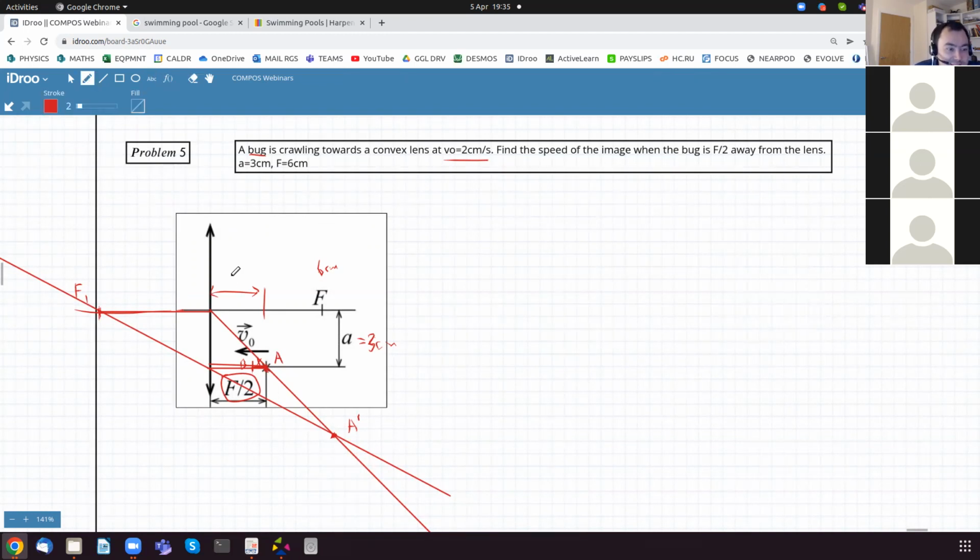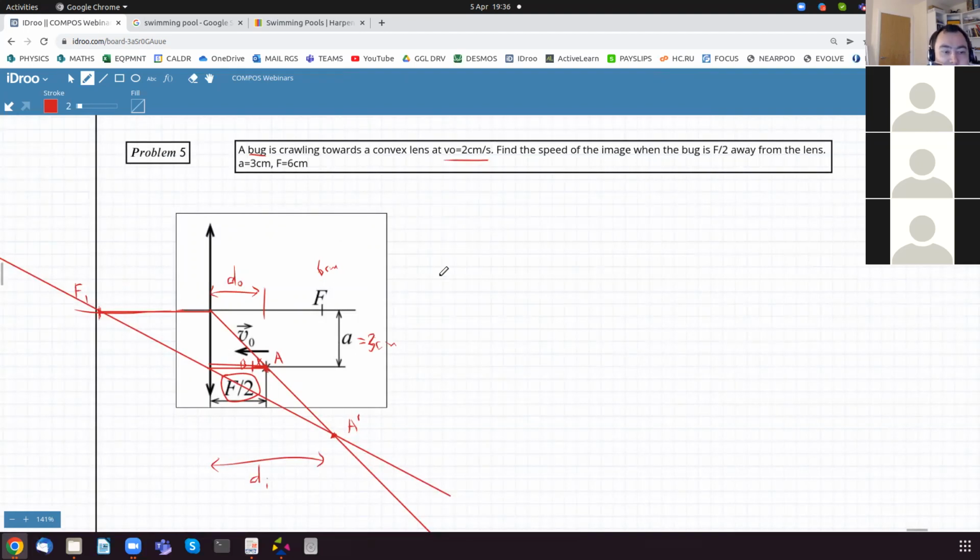This is the distance of the object, d0, and this is the distance of the image, di.